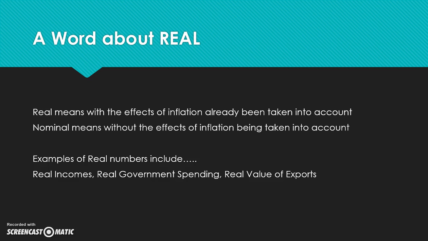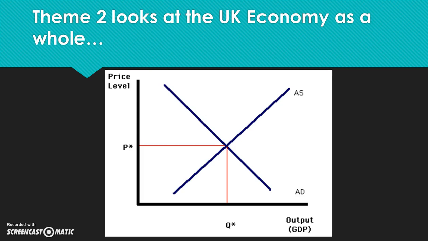If nominal income is going up by 6%, what would happen if inflation was 8%? That would mean actually people are getting poorer. If inflation is above the nominal number, that means that the value is actually going down, not up. So real has already taken into account inflation and is the better value to always use. We shouldn't really ever use nominal because it's very misleading.